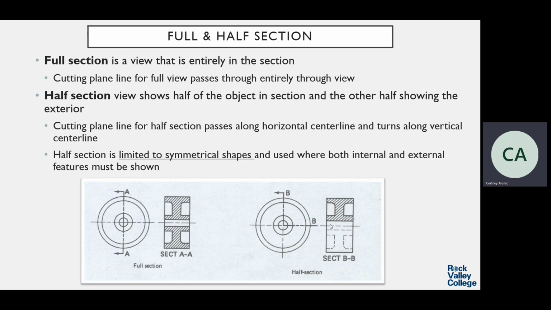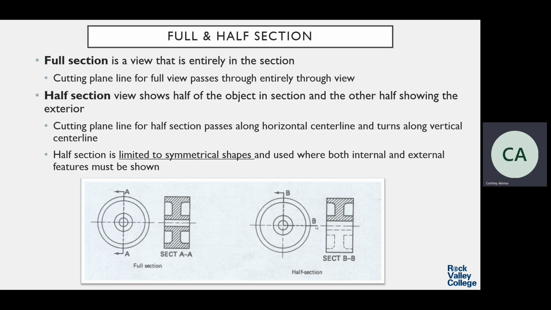What that does is it takes two views into one. At the top, I have this cross section showing what's inside. At the bottom, I have that typical right view. If I was drawing the right side of this, I would have a solid, and then a hidden line showing what's inside.